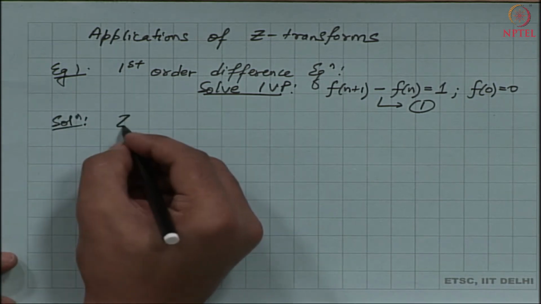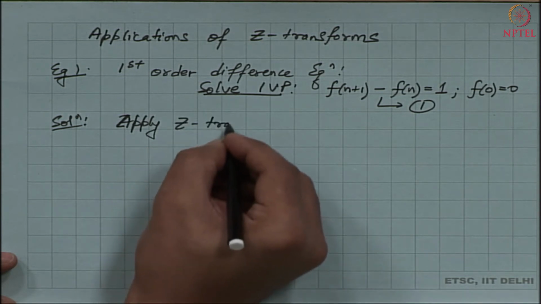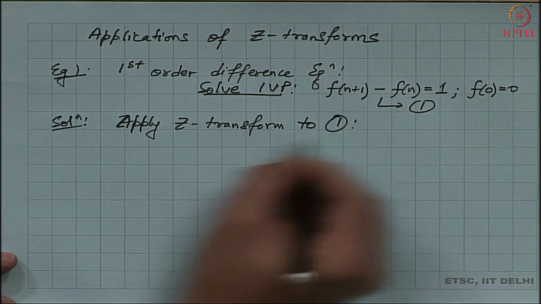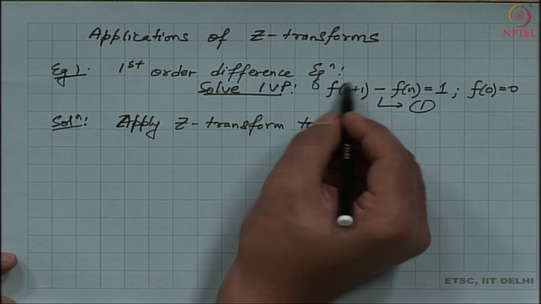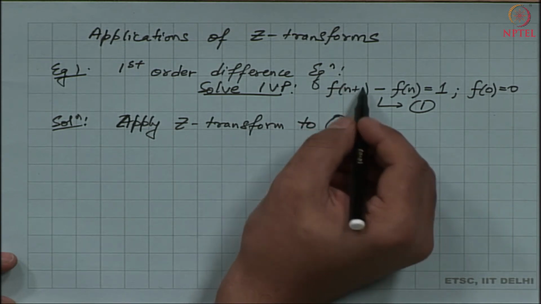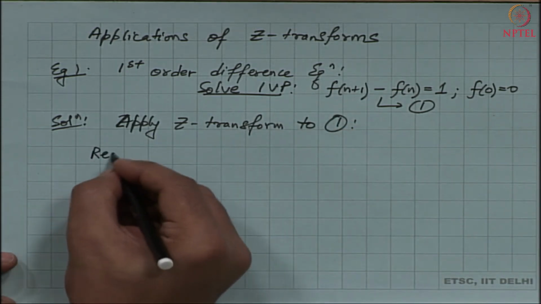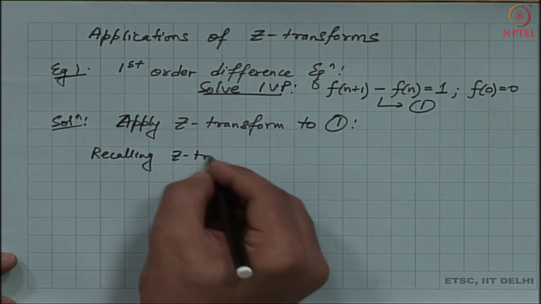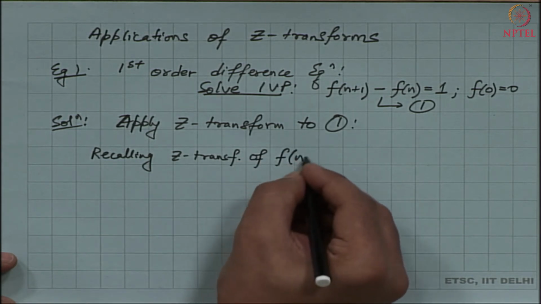If I apply Z transform to 1, I use the Z transform that I derived for the translation of the function, recalling the Z transform of f of n plus 1.